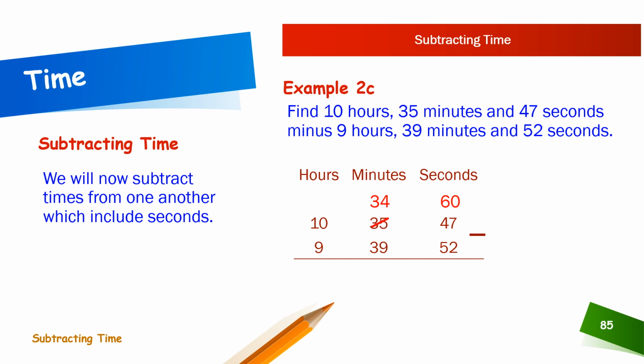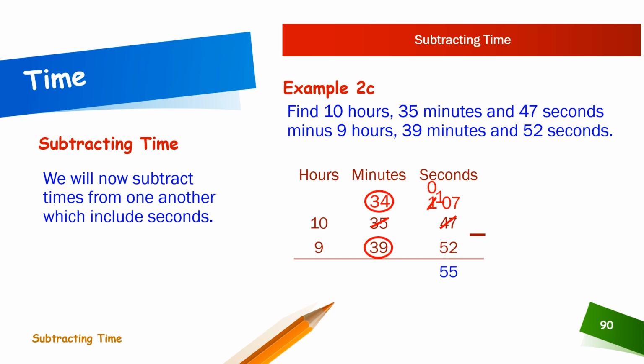This borrowed minute appears in the seconds column as a 60, because of course 60 seconds equals 1 minute. The 60 seconds combined with the 47 seconds becomes 107 seconds. And now we can subtract 52 from 107. 7 minus 2 is 5, and 10 minus 5 is equal to 5.